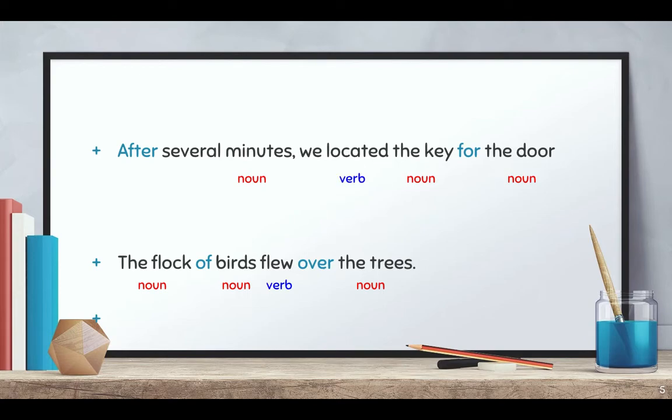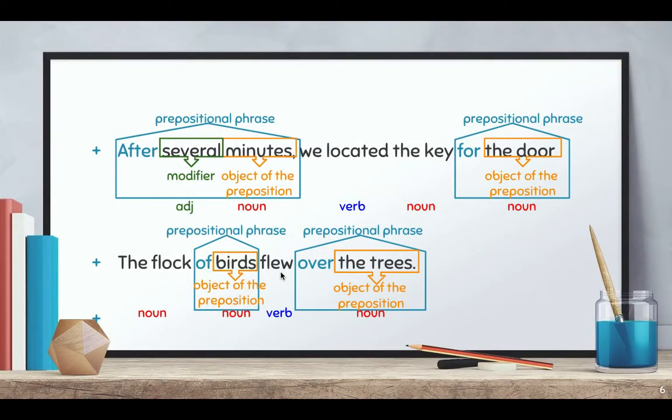And so here we've got nouns: minutes, the key, the door, the flock, birds, the trees, and then we've got two verbs, located and flew. And only one adjective.